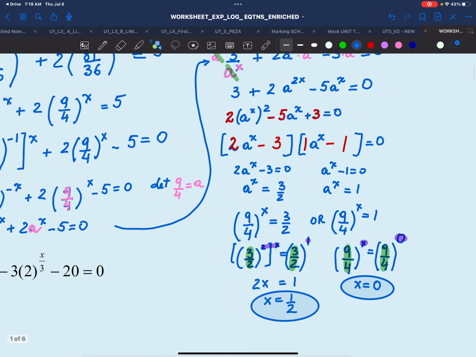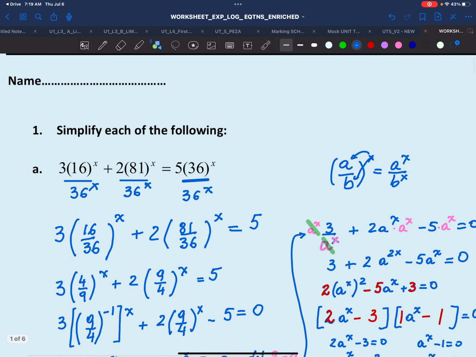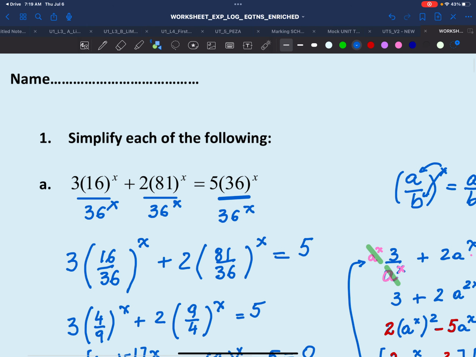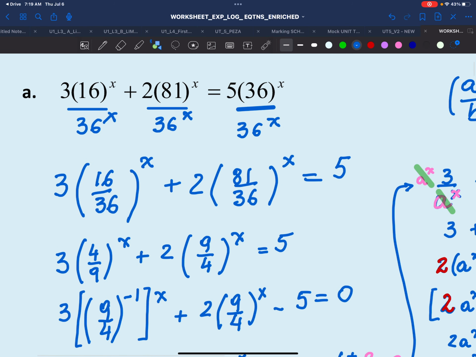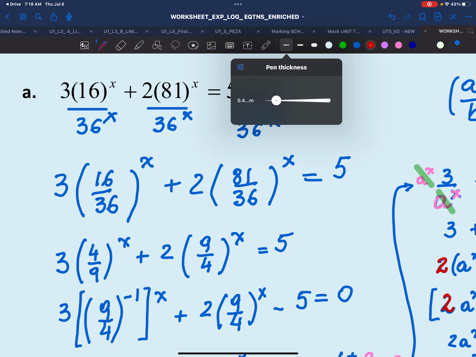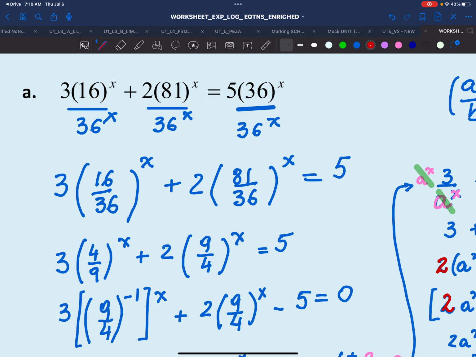And let's take a look now at our solution. If you want to check and see if it works, bring the two x values that you obtained into the equation and see if the left and right sides equal each other. I'm going to do this with a fancy red color, and let me make this a little thinner. If we have 1 over 2 for the power, it basically means the square root of that number.